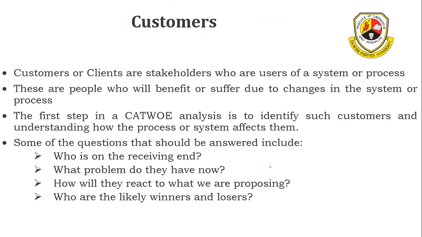The first is our customers or our clients. We've already seen who these are. Our clients are going to be users of the system, either directly or indirectly. Let me just give you a scenario.